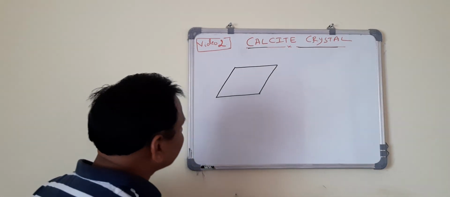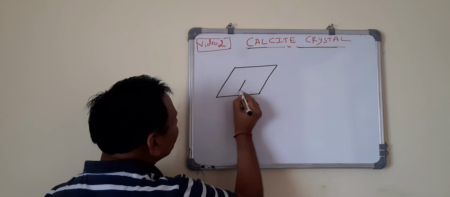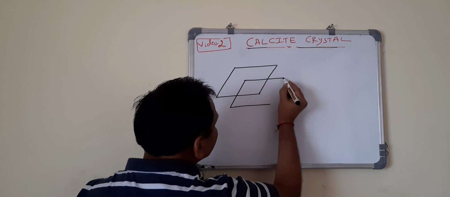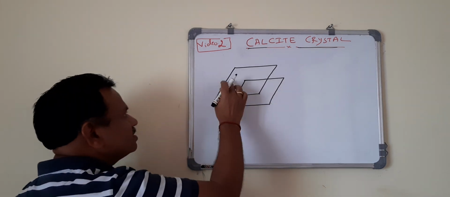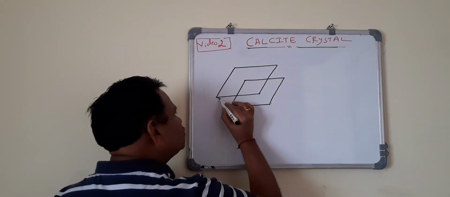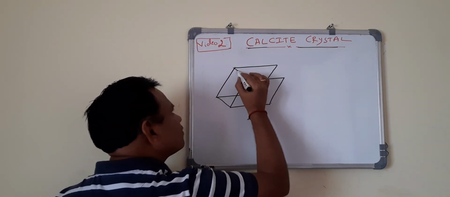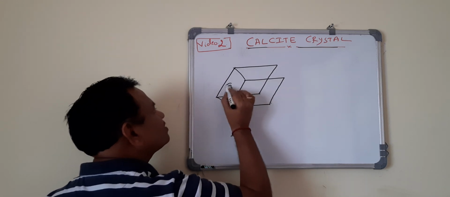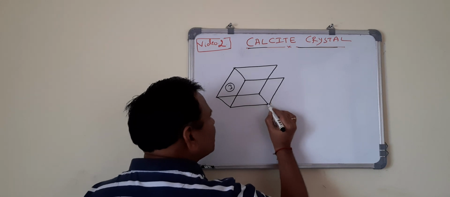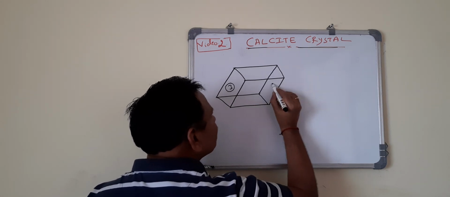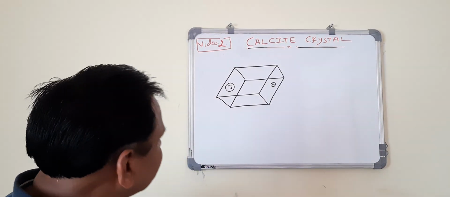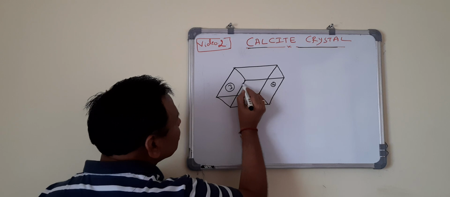It is a rhombohedral. Now I am drawing face 2. This is face 1, this is face 2. I will join it. This is face 3, students. Similarly, I will join it. This is face 4 of the structure.